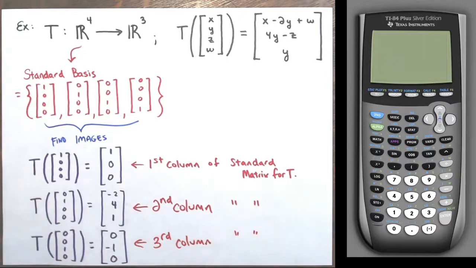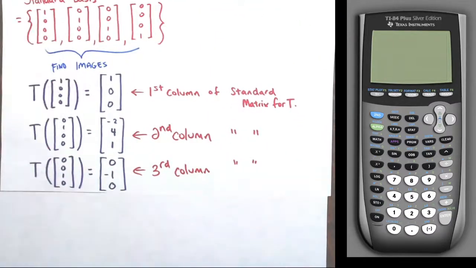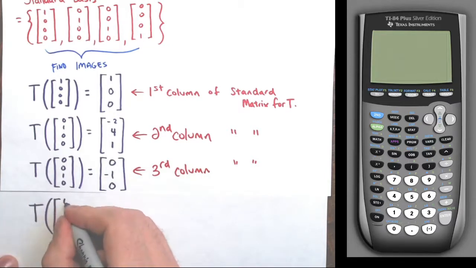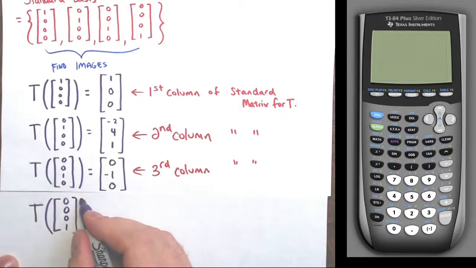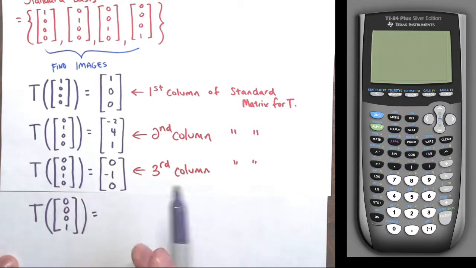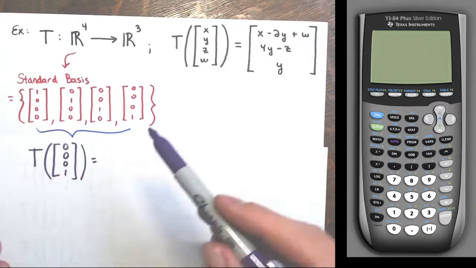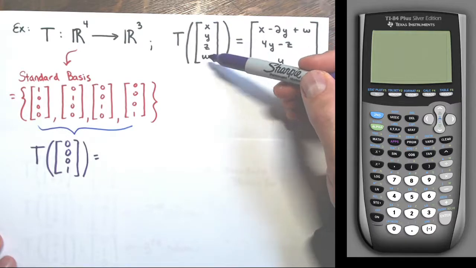And then finally, there's only one more standard basis vector to pop in. So what's the value of this transformation T at the last one, 0, 0, 0, 1, the last standard basis vector for R4? I put in 0 for x, 0 for y, 0 for z, and 1 for w.